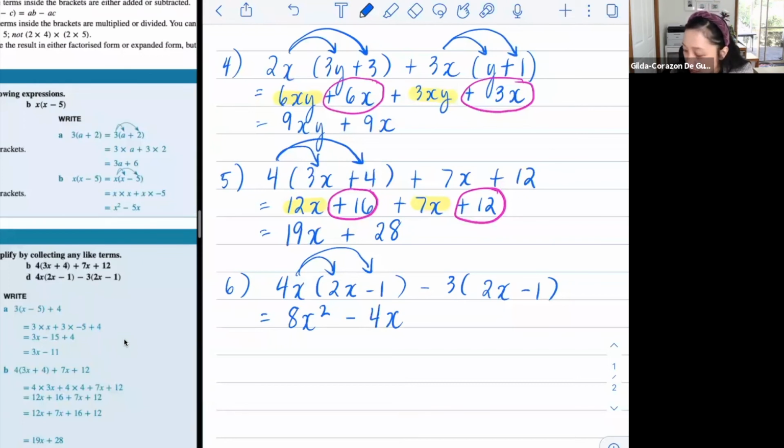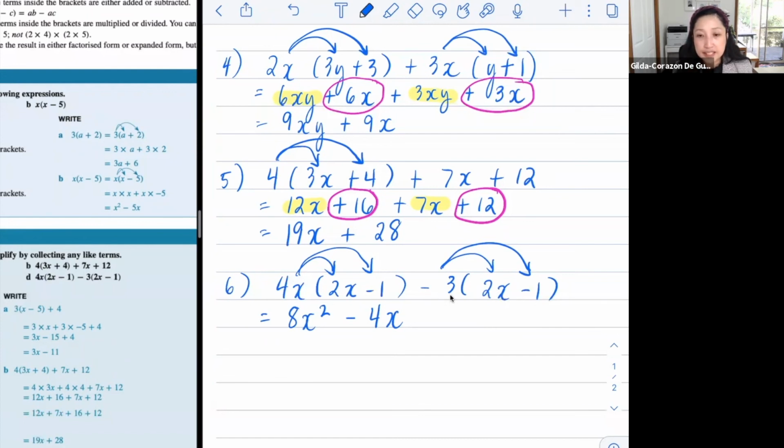Now, this is the tricky bit, and this is their favorite, I tell you, right? When you have a negative number outside the brackets, you need to be extra careful, right? So what you want to do is to distribute this, not just the 3, but the negative 3. So what it means is that you're multiplying negative 3 to each of these terms.